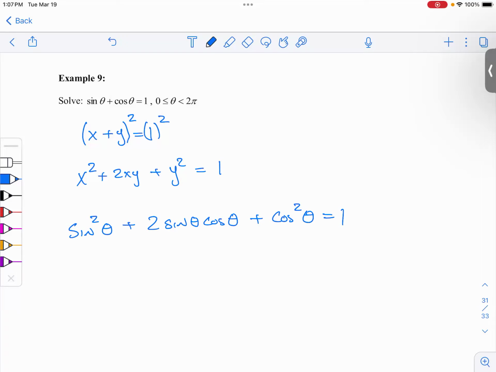Once I have this back in this form, does anything look familiar? Yeah, I have the fundamental identity there. And even better than that, after we do that, watch what else happens.